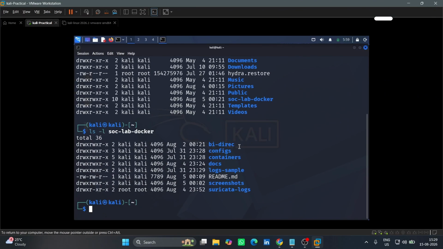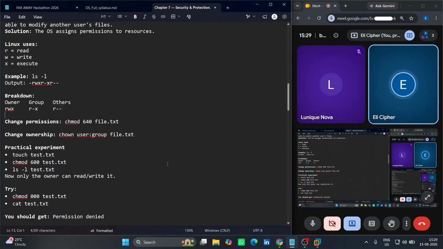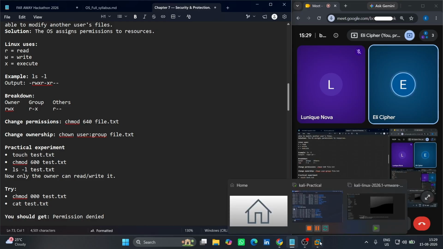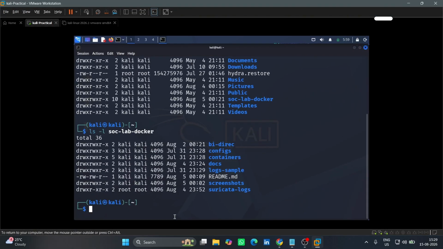For example, here is a directory named by direct, and the first part of this permission defines the permissions which the owner, the particular user which has created it, has.